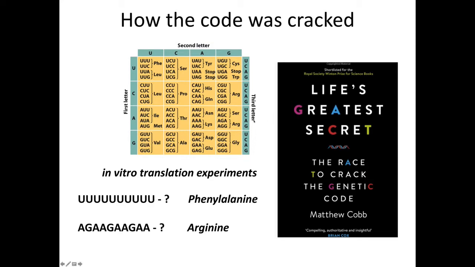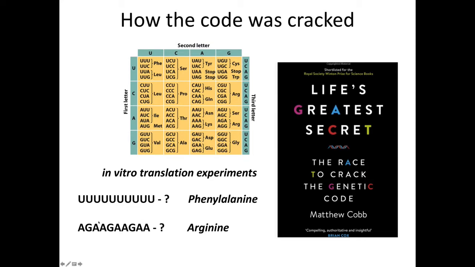So, for example, if you dump an RNA sequence into your test tube that has this translation machinery, the ribosome in there, and it has a bunch of U's in it, a bunch of uracils, and you spit out phenylalanine, well, okay, then you know that a bunch of U's, here we have the codon table, encodes phenylalanine. But that doesn't necessarily tell you whether it's a 1 or a 2 or a 3 nucleotide code.